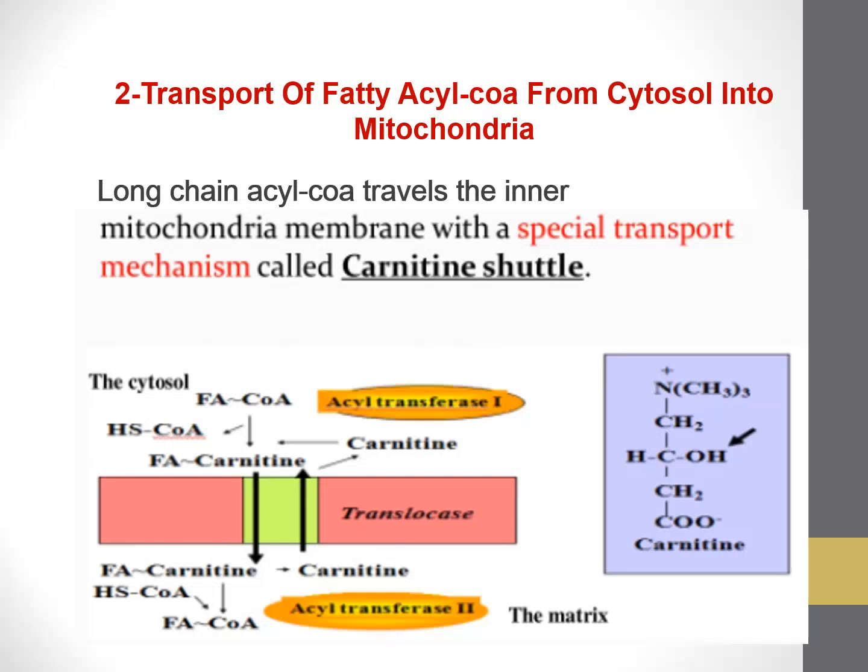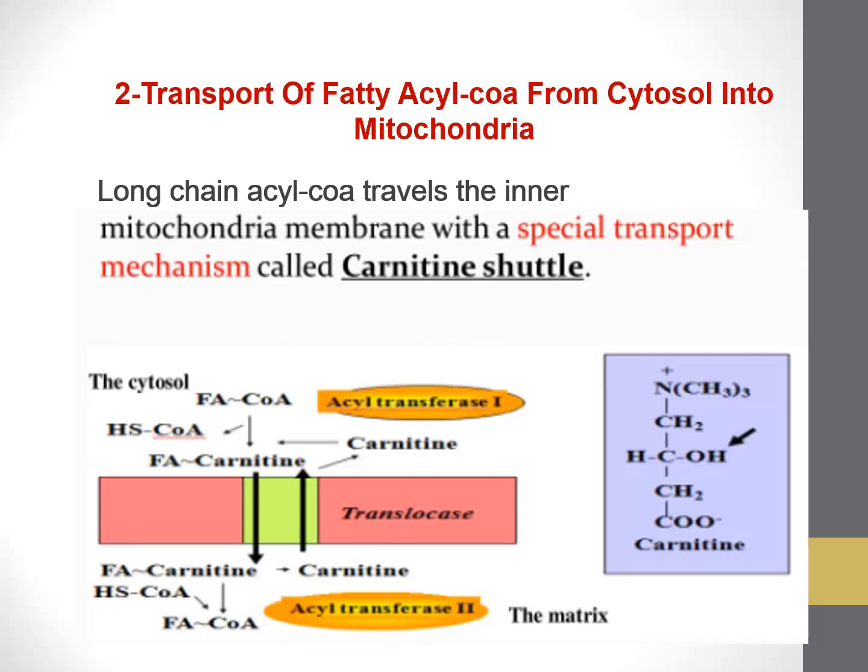First, in the cytosol, fatty acyl-CoA combines with carnitine to form fatty acyl carnitine in the presence of acyl transferase enzyme, and in the presence of translocase it enters into the mitochondria, and after entering, fatty acyl carnitine gets broken down and fatty acyl-CoA is released, and carnitine will get back into the cytosol. So this is the carnitine shuttle process.